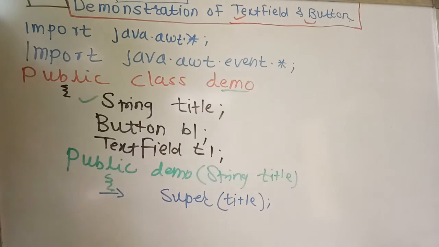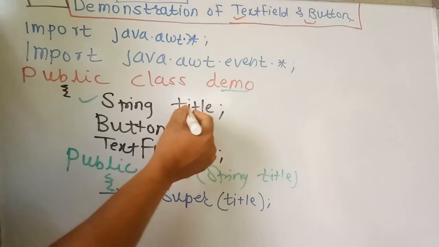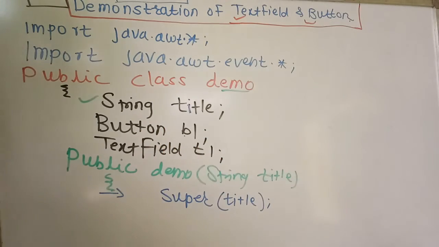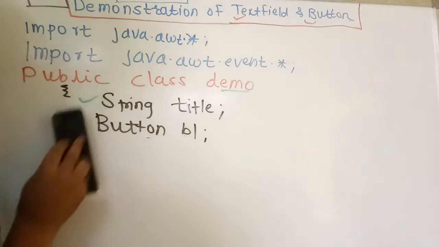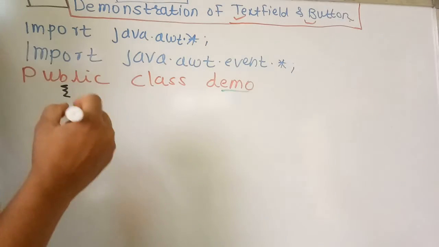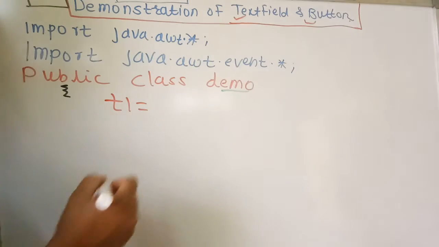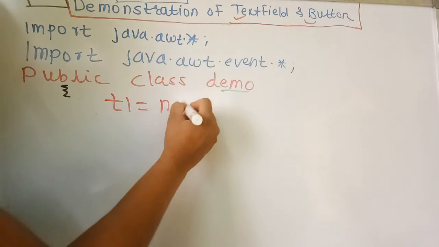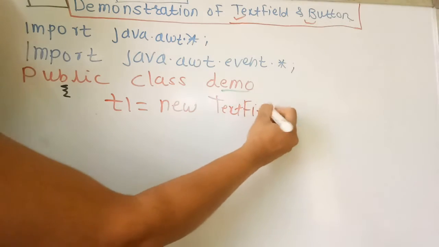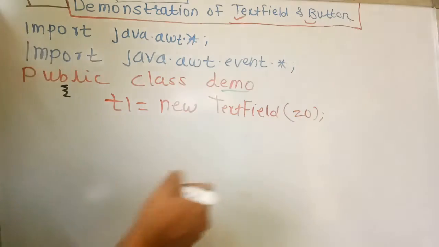Now we have to initialize, or create memory for, these objects like B1 and T1. Suppose we have to initialize the text field. So T1 equals new TextField, and we will pass it a size, for example 20.